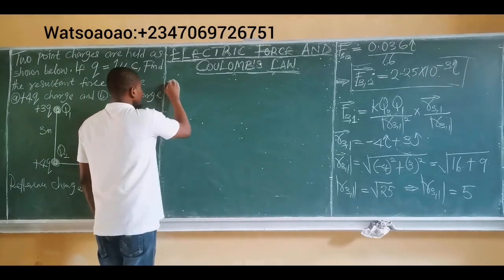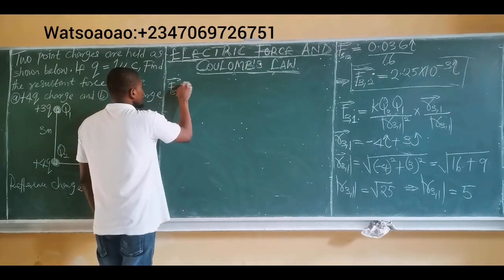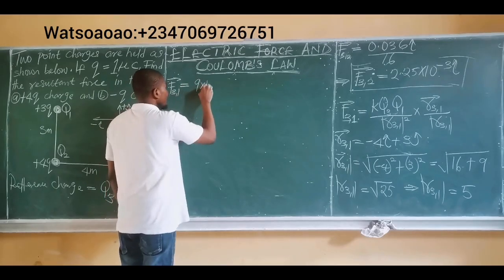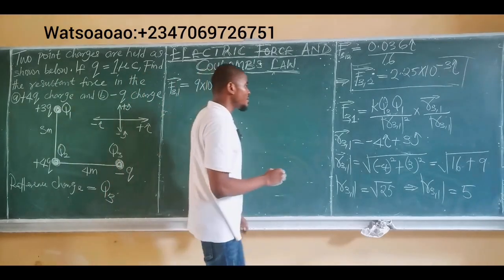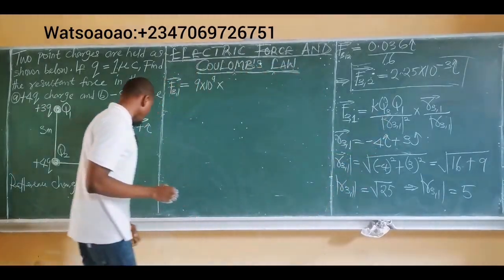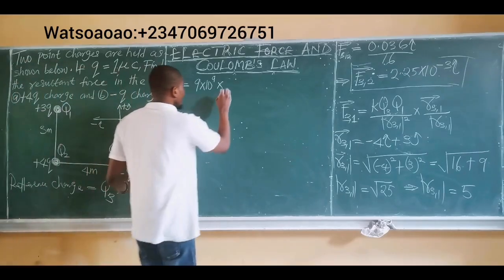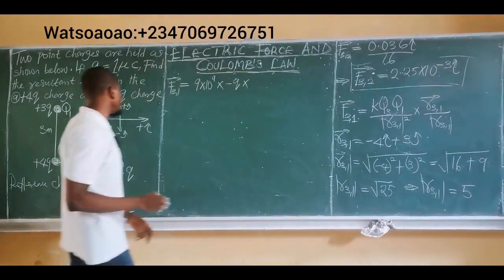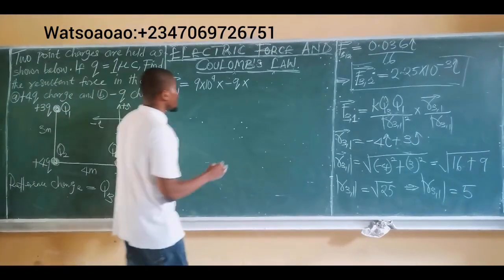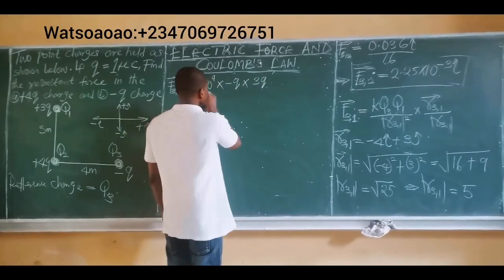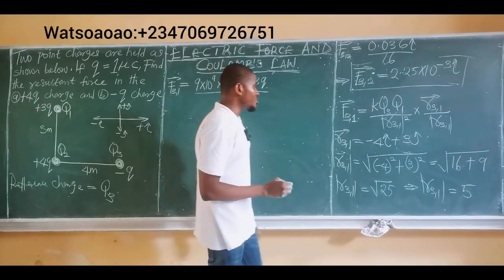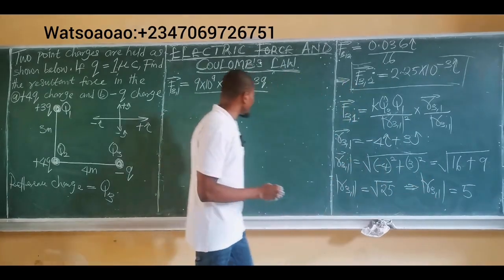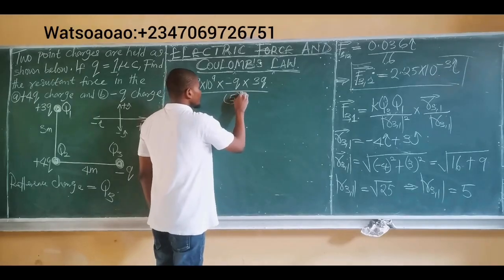Therefore, the force of attraction between charge 3 and charge 1 is going to be equal to K, and K has a value of 9 by 10 to the power of 9, multiplied by Q3, and Q3 happens to be negative Q, multiplied by Q1, and Q1 happens to be plus 3Q, all over the magnitude of the position vector all squared, and we obtained the magnitude of our position vector to be 5, so you have all over 5 squared.